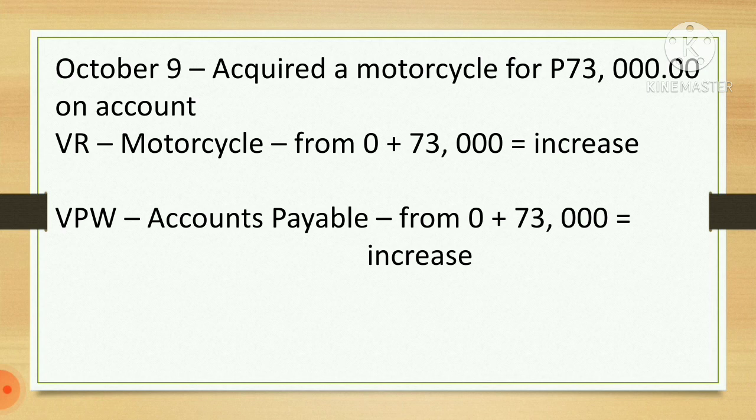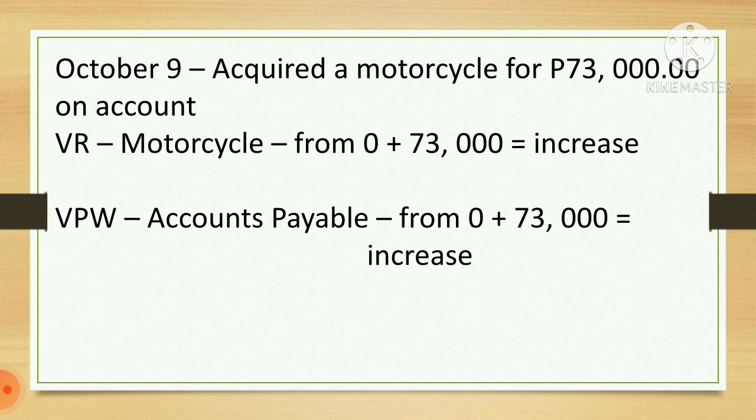So that's from 0. And then when the company acquired the motorcycle, so that's plus the value of the motorcycle, which is 73,000. So is it an increase or a decrease? It is an increase. Now for the value parted with, what did the company give in order to get the motorcycle?